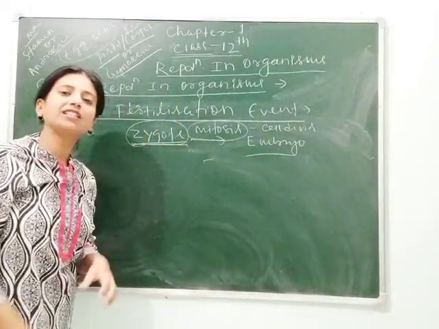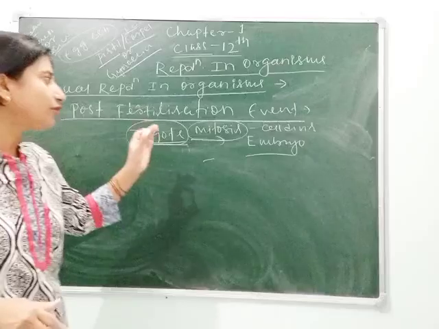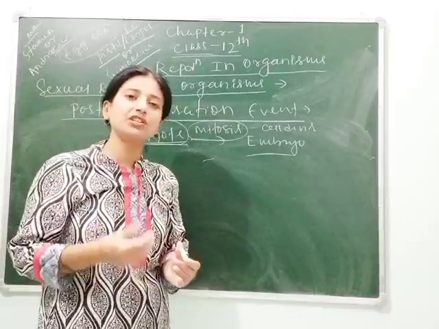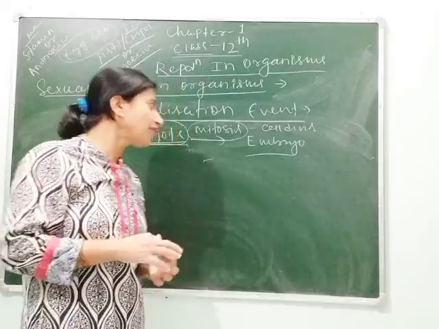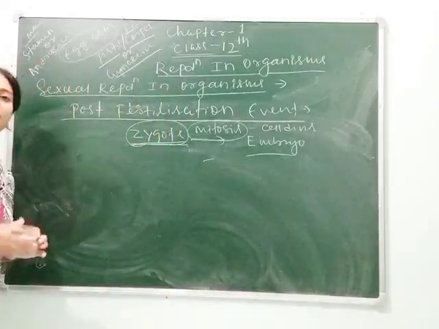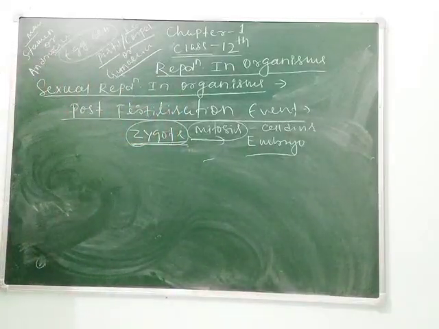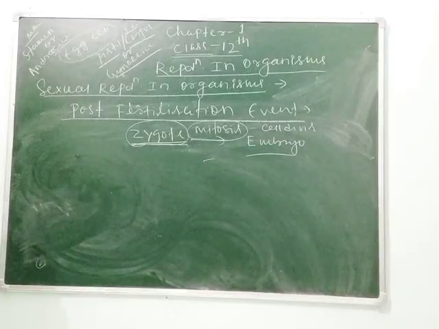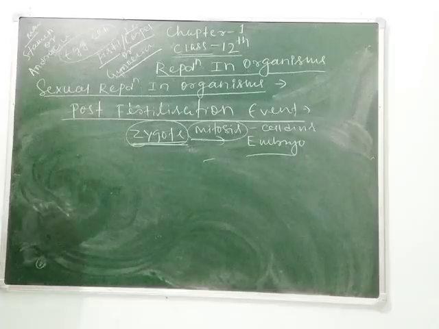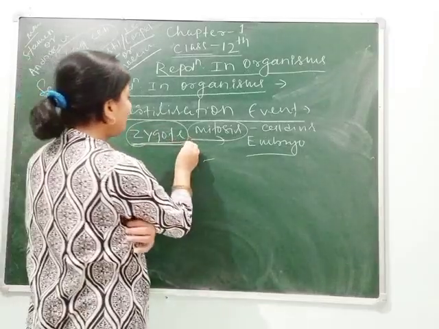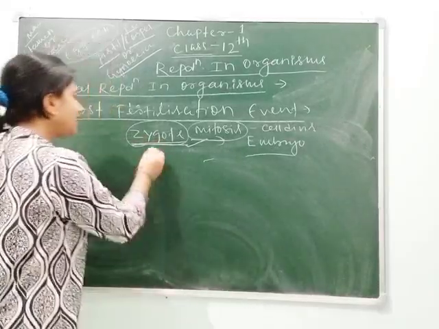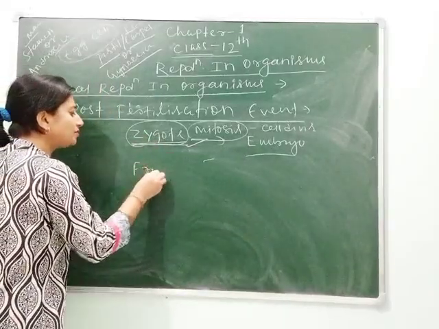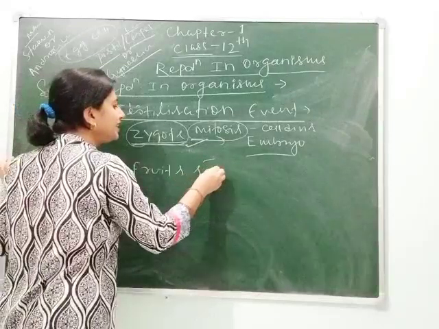In higher organisms like mammals, after zygote formation, the zygote continuously goes through mitosis and different organs are produced inside the mother's body, whereas in plants fruit formation occurs and that fruit increases in size and matures. Clear, students? So this is in plants and this is in animals. In plants, after fertilization fruit is formed, and seed is formed.